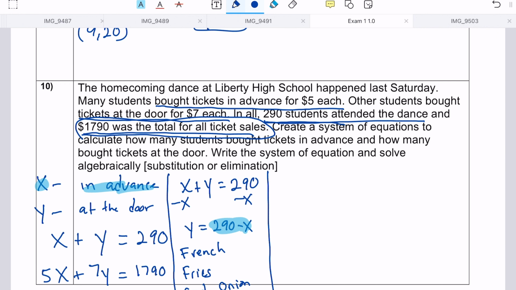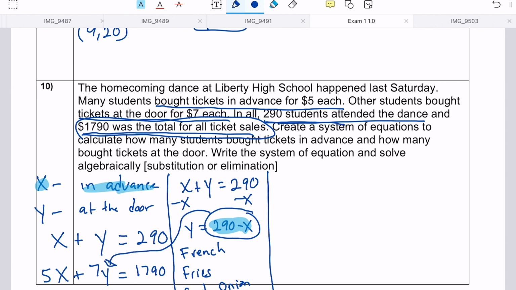Okay. Now we can either do that and do substitution, or we can do elimination. I find elimination to be easier. So we can take that and substitute it for Y. We can substitute it here.